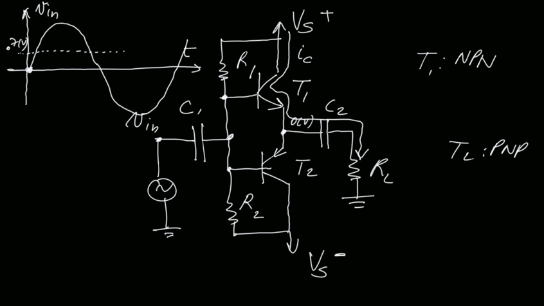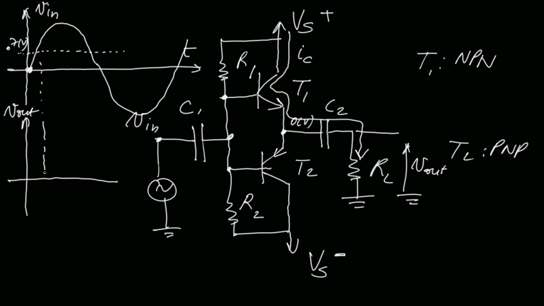So as long as Vin is less than 0.7, if I were to draw Vout, and Vout is taken across RL, just so that you would know it. Since there's no current going through the load, that means Vout is equal to 0. So I'll just draw here another dashed line. Vout is equal to 0.